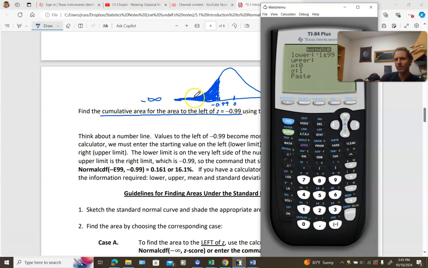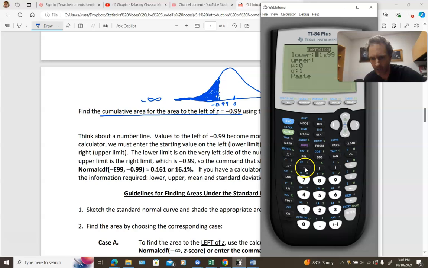All right, so the question then here is, if my lower bound is negative infinity, how do I write that? Well, guys, there's hardly any area out past, say, even negative 10. So typically what most people will do is they'll put in here a negative 1, and then they'll hit this, let me find it.